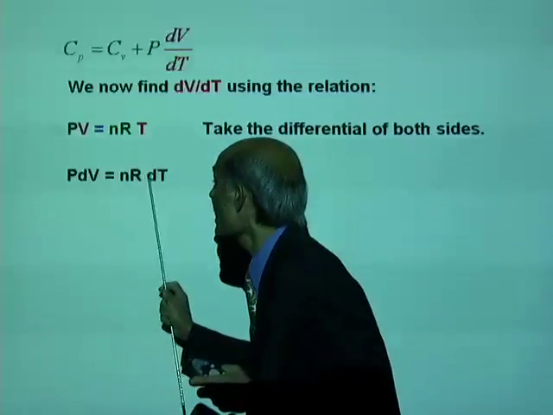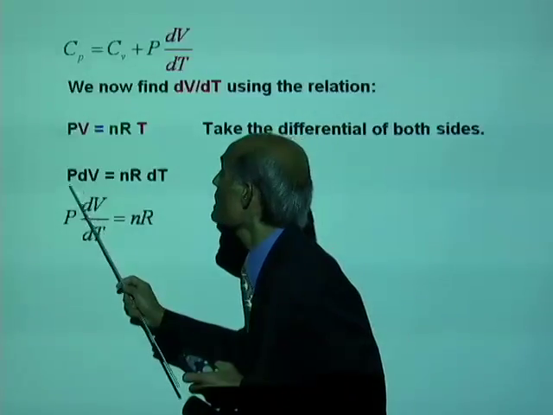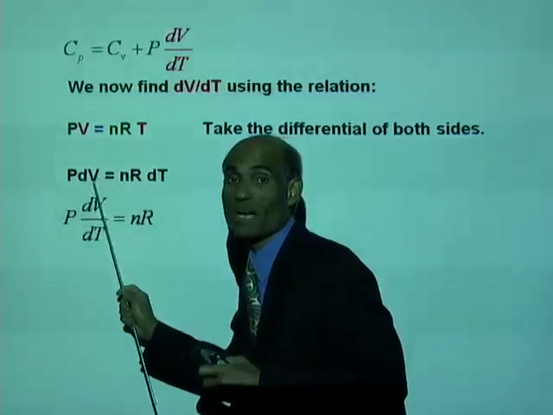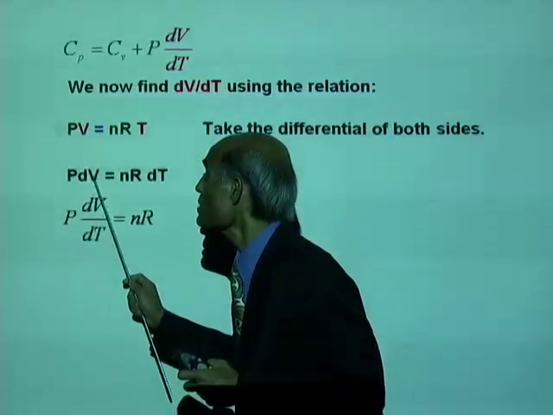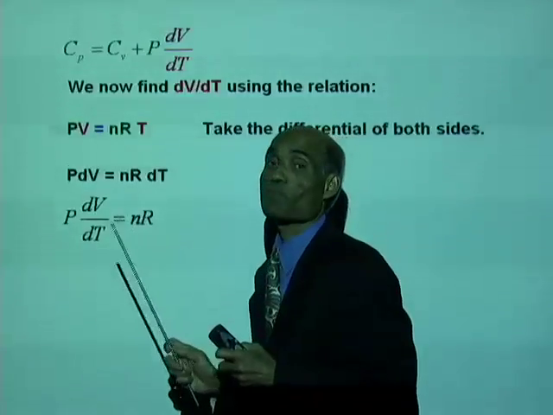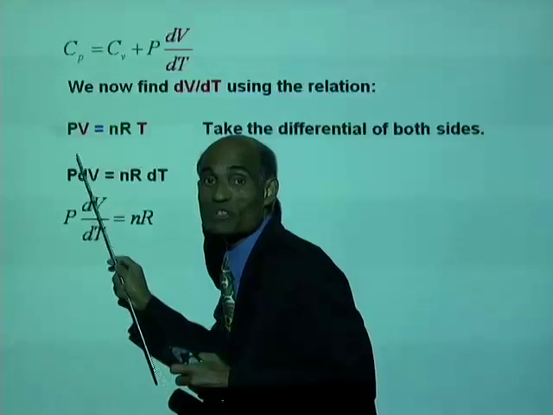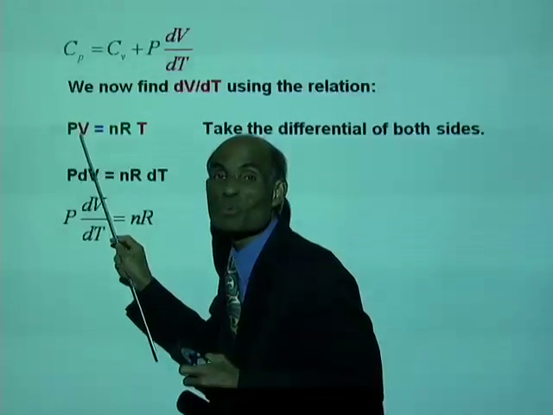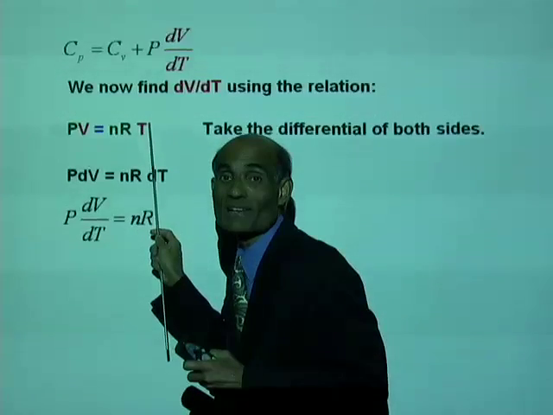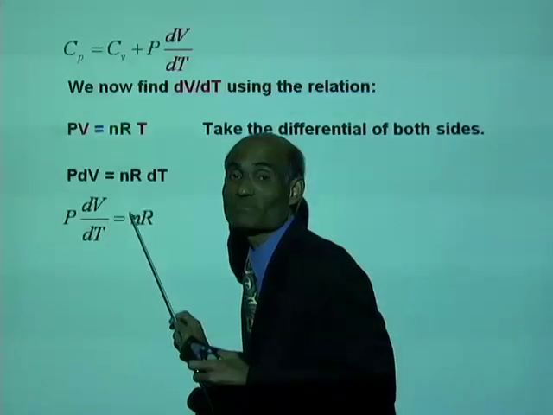There you are. PdV equals nR times dT. And now if you divide both sides by dT, I can now produce P dV by dT. Divide both sides by dT, we get P dV over dT equals nR. Well, you could have actually obtained the same relation from here, finding the derivative of V with respect to T. You can also do that rather than going through the differential path.